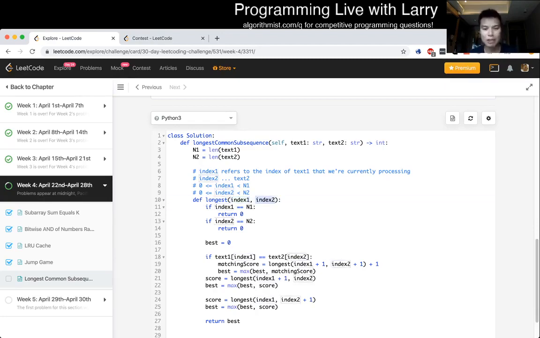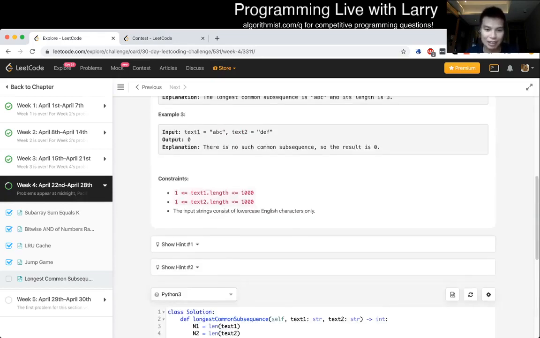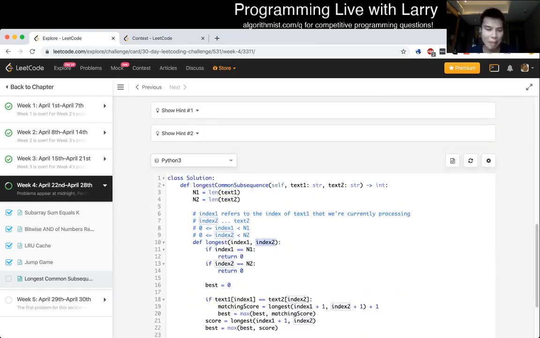You can multiply them together because they're independent, and you get n1 times n2 for the number of states here. That means we can store it, because n1 is 1,000 and n2 is 1,000, so n1 times n2 is only about 1,000,000. So let's put it here.